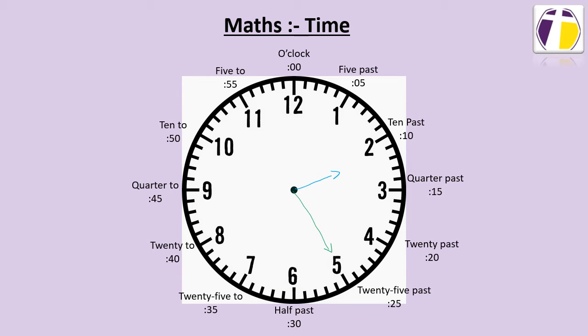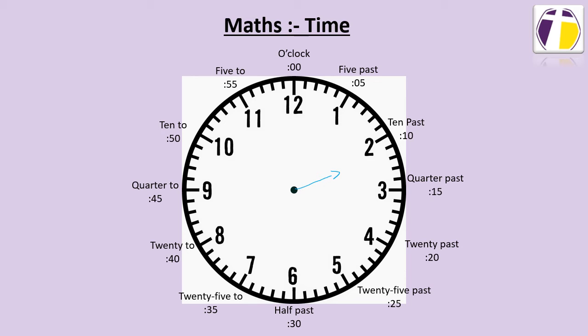So here's an example. I have my minute hand in green and I have my hour hand in blue. So I can see that my minute hand is pointing to 25 past. And I can see that my hour hand is just past the 2, which tells me it is 25 past 2.